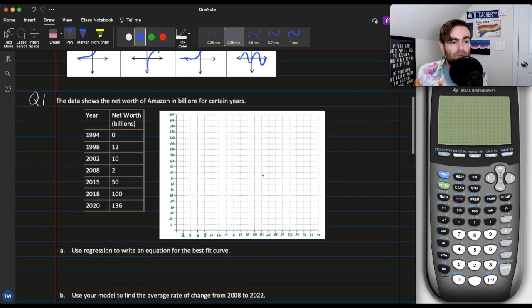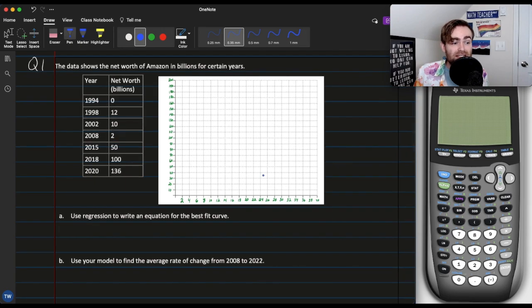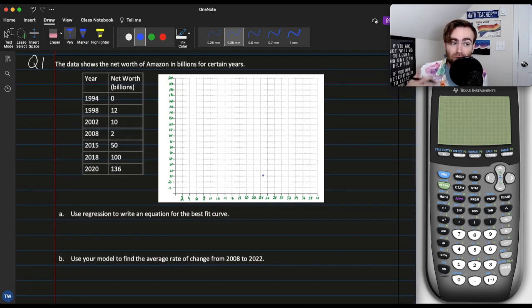So what I have here for us is a regression style question. We're going to create a function based off of this data, and we're going to use that function to predict some behavior. So first of all, we have Amazon's net worth in billions for certain years. To make life easy for us, what we're going to do is we're going to call this year 0 and then name all of the years based off of this.